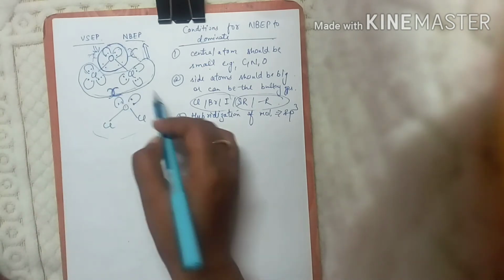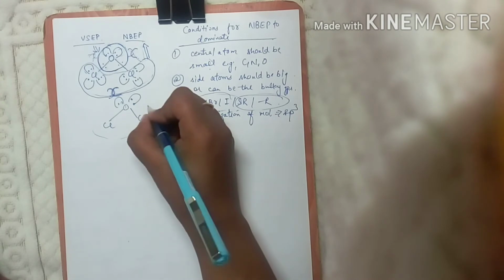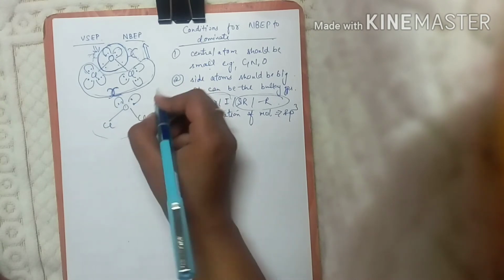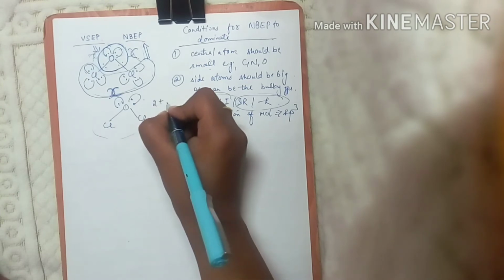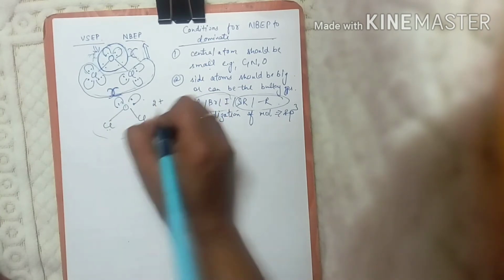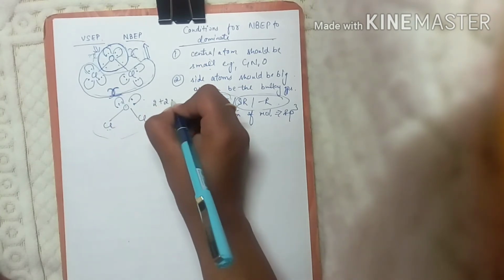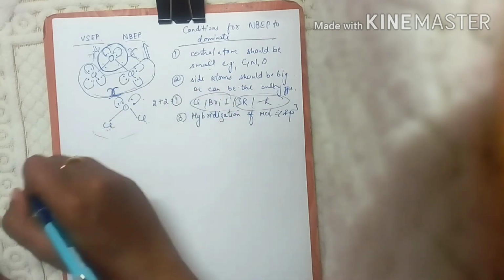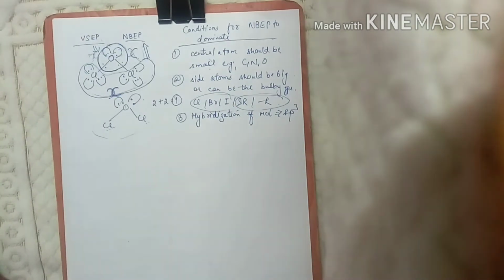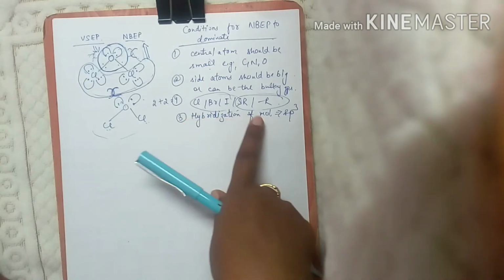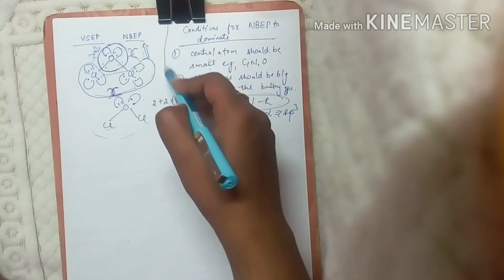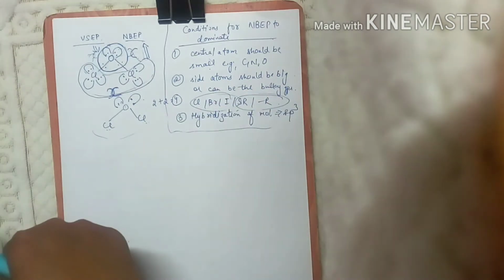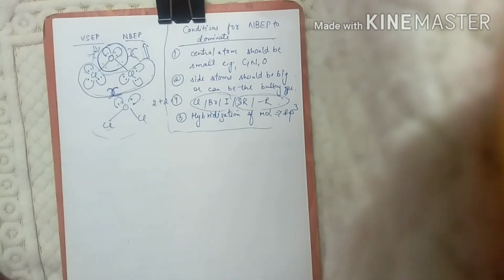It is sp3 hybridized. If you calculate the steric number, you can add up the number of lone pairs, 2 lone pairs, plus the number of bond pairs, sigma bonds, 2, so 2 plus 2 is 4. For steric number 4 we have sp3 hybridization, so the molecule should have sp3 hybridization. So these are the conditions in which NBPER will dominate.